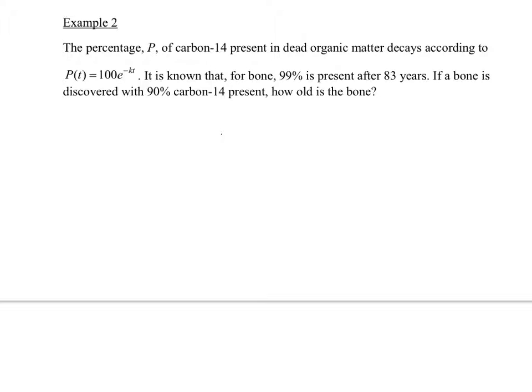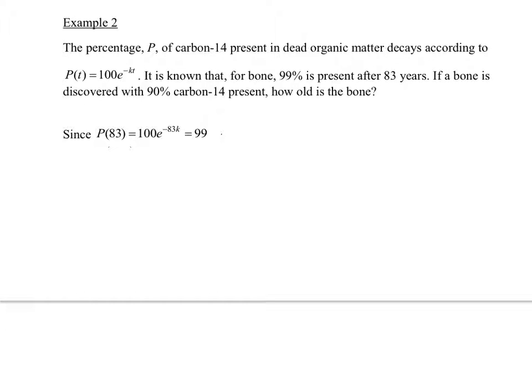Okay, so to do that, what we do is, first of all, plug in 83 as t, so we have 100 e to the power of negative k times 83, and that should be equal to that 99%. So we have an equation here.